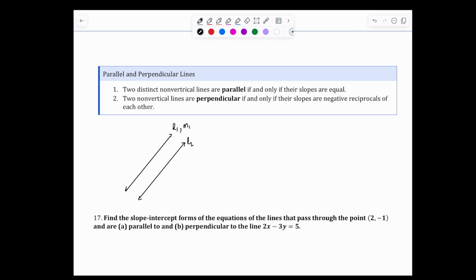If line 1 has slope m1 and line 2 has slope m2, then line 1 is parallel to line 2 if and only if m1 equals m2.